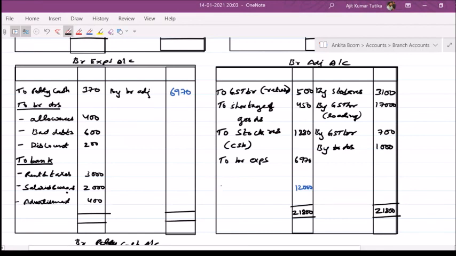So this is to general P&L account. This is the balancing figure. Now this problem is over.